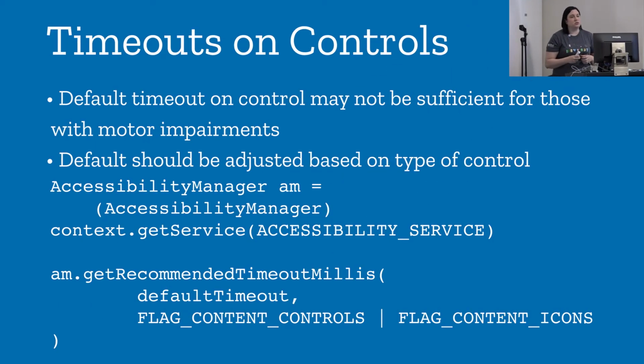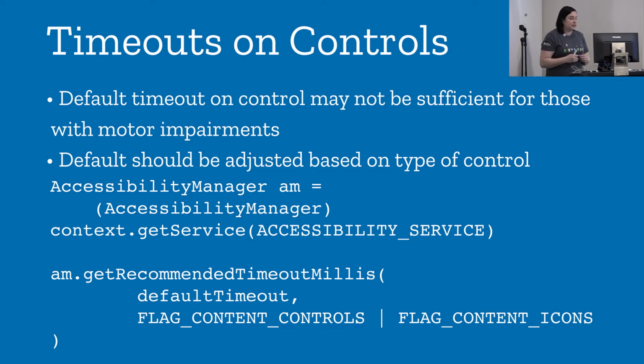Sometimes we have a control like a YouTube player that has another control inside of it that disappears after a while. Like on our YouTube player, for instance, we would have that play control that disappears after a while. But how do you decide on a timeout? You might be nimble-fingered and maybe 5 seconds is fine. But how do you decide on a good default for folks with other abilities than you?